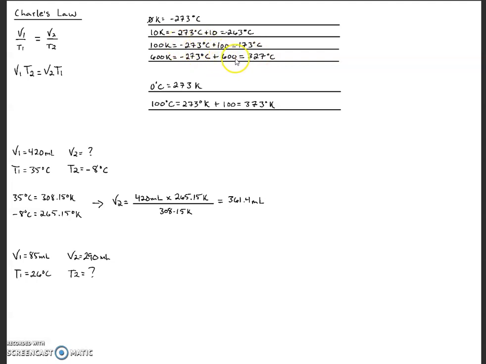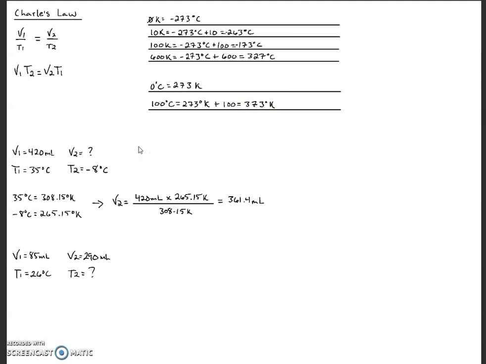So keep going, 600 gives us 327 degrees Celsius. Alternatively, 0 degrees Celsius is 273 Kelvin, so 100 degrees Celsius would be 273 plus 100, giving us 373 Kelvin.